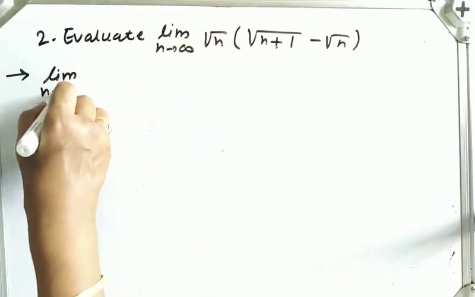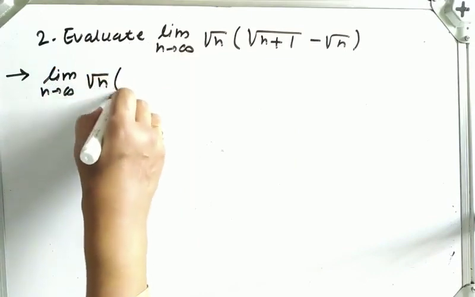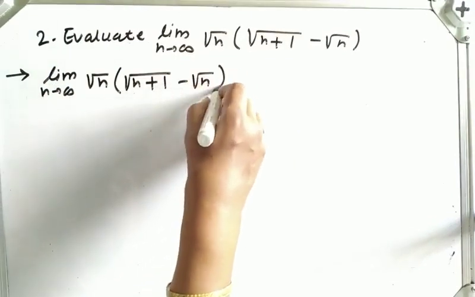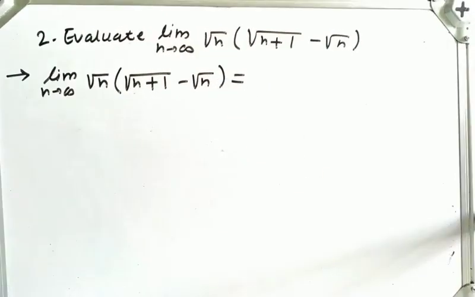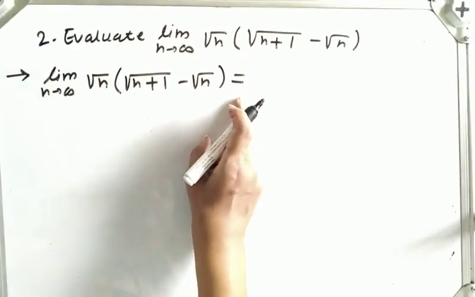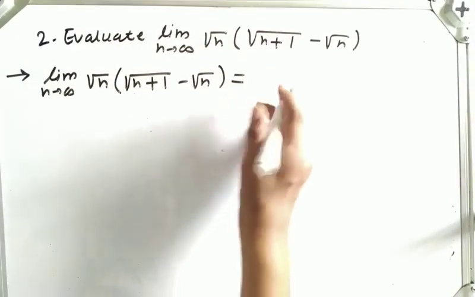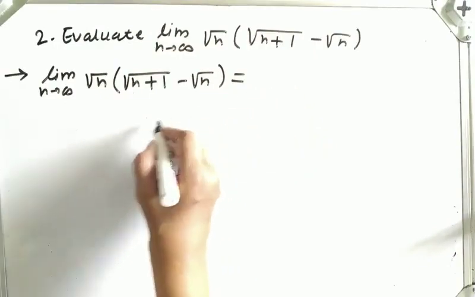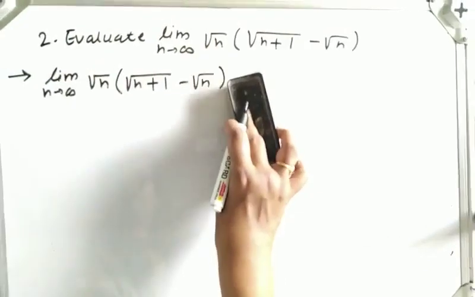Limit n tends to infinity root n into square root of n plus 1 minus root n is equal to, so this limit is equal to, let us perform rationalization.